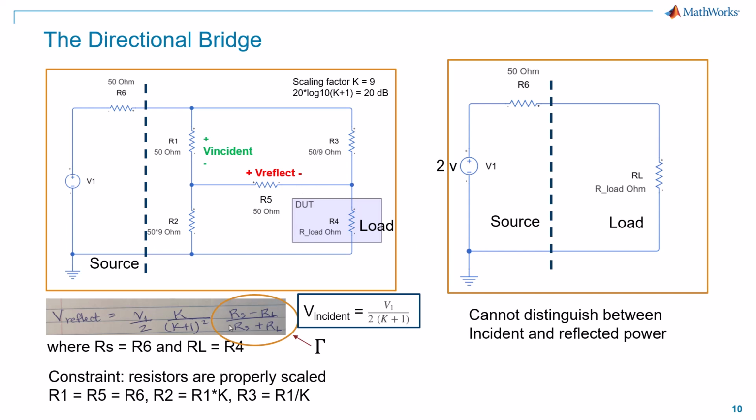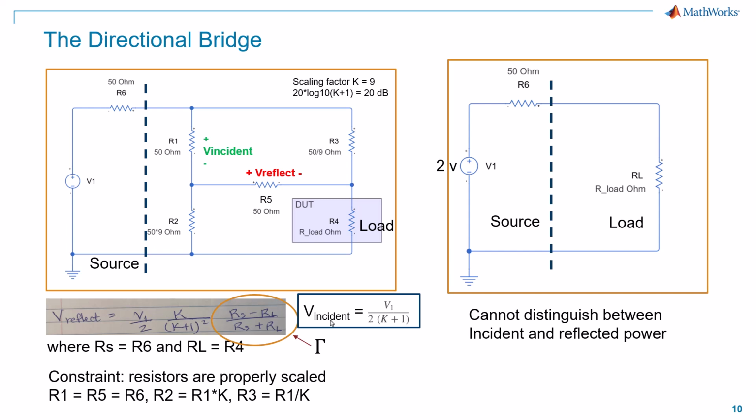And those ratios are described precisely by the equations, see below, for V reflect and V incident. For the incident voltage, it's always the source voltage over 2 times K plus 1. In our case, K was 9. Therefore, we got V1 over 2 times 9 plus 1, or V1 over 20.